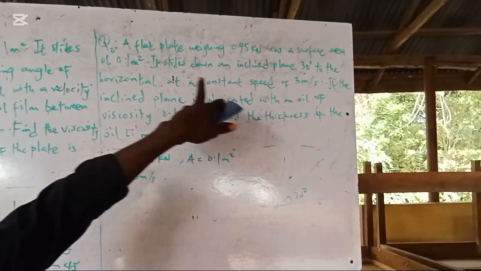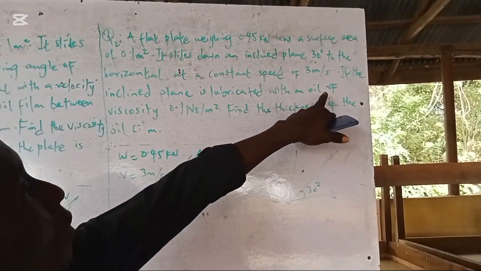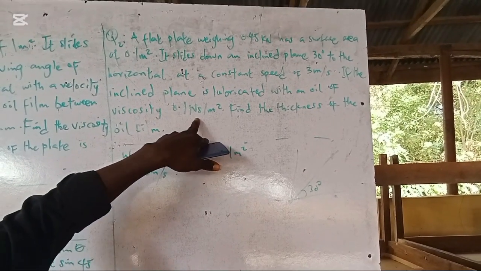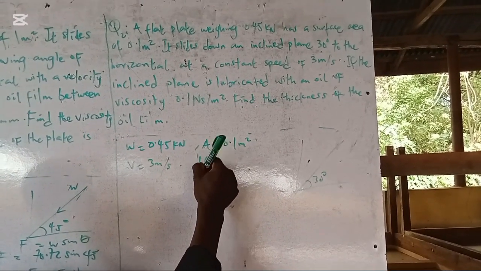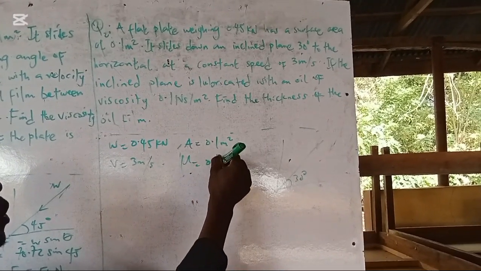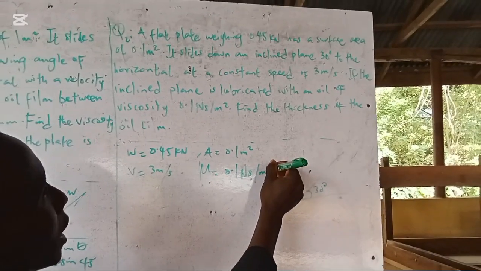The inclined plane is lubricated with an oil of viscosity 0.1 Newton second per meter square. That's a poise, so you have been given your dynamic viscosity to be 0.1 Newton seconds per meter square.